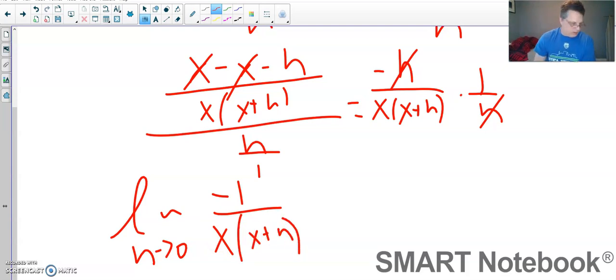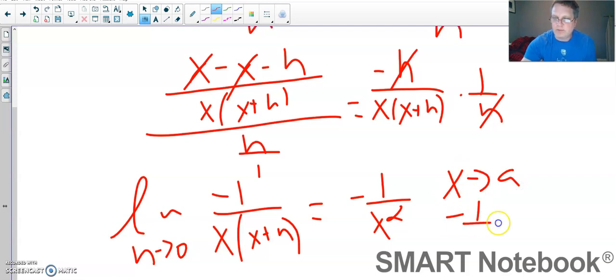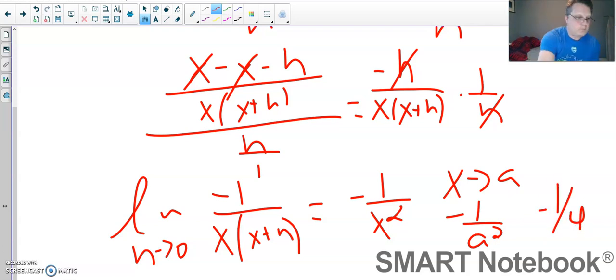And as h approaches 0, it would be negative 1 over x squared. Now they tell you the a, so that's like I showed you in the second one, where it says as x approaches a, so you just substitute in an a for it, negative 1 over a squared, and then a is 2, so it's negative 1/4.